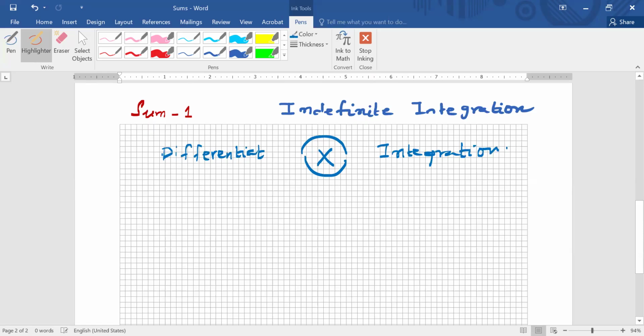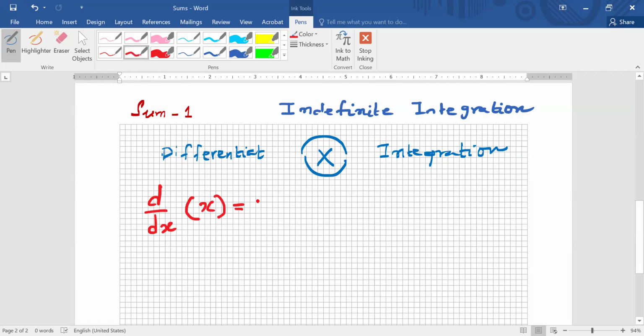So the problem one, what would I say? Differentiation. So d by dx of, suppose, a variable x, simply x. What will be the differentiation of x?